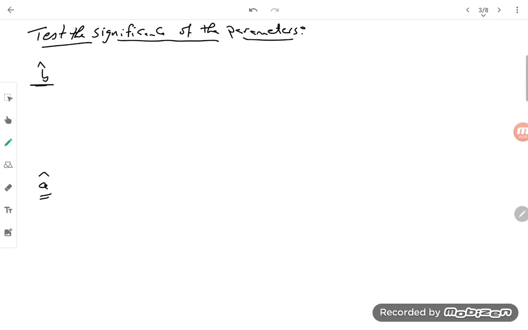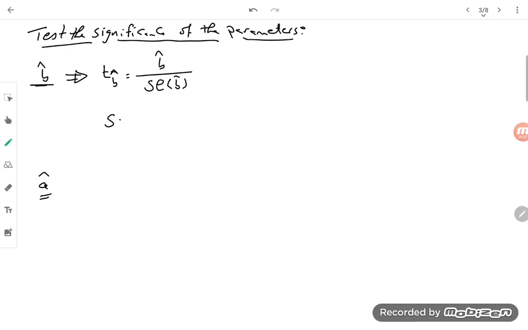Testing significance for a parameter is based on the T ratio. So T in the case of b hat is calculated as b hat divided by standard error of b hat.